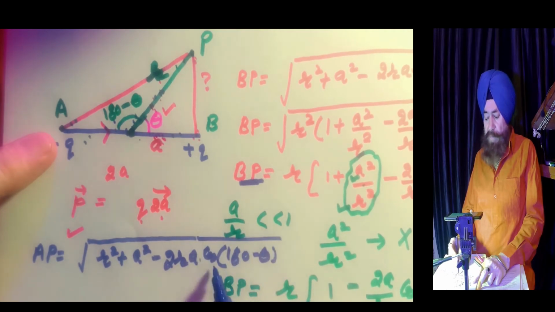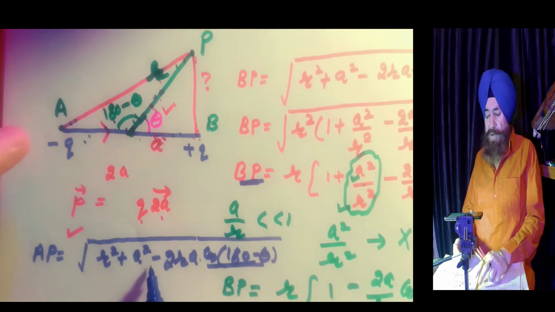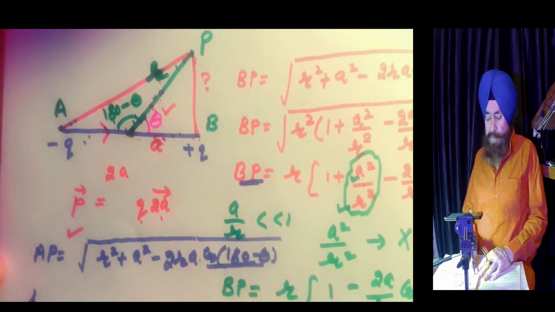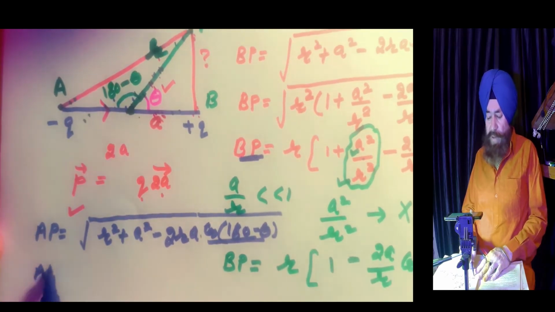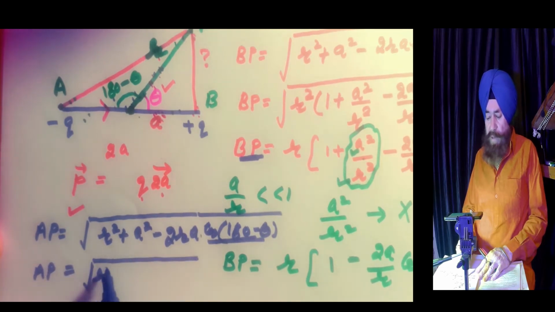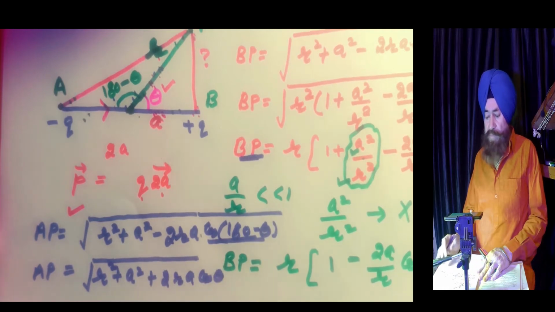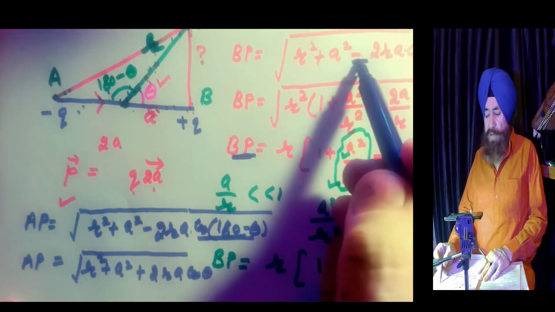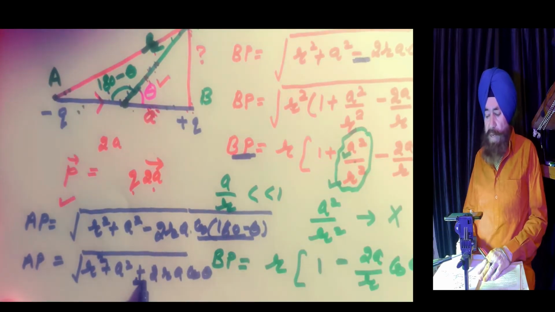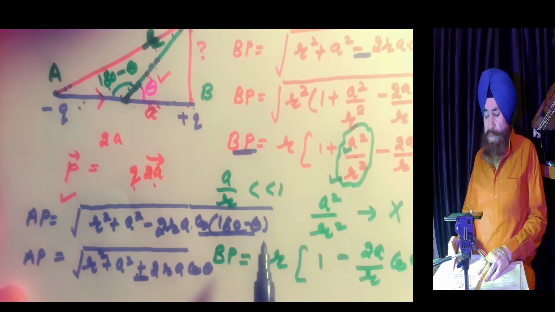So cos of 180 minus theta is minus cos theta. So AP becomes root of R square plus a square plus 2Ra cos theta. Now here it was a minus sign, here it is a plus sign.